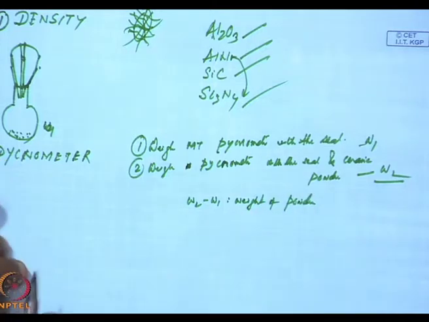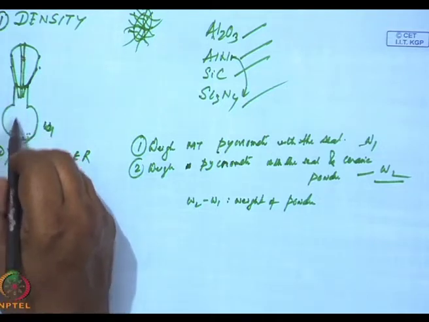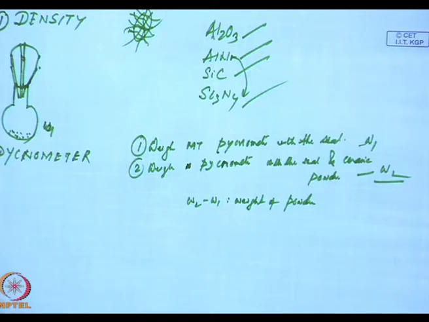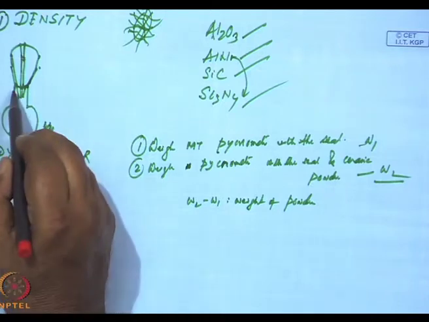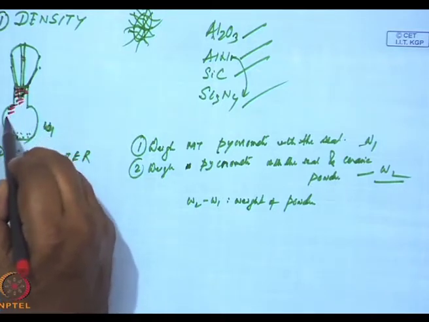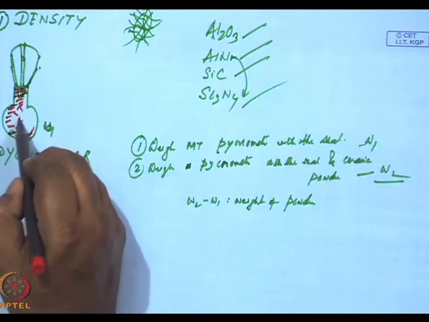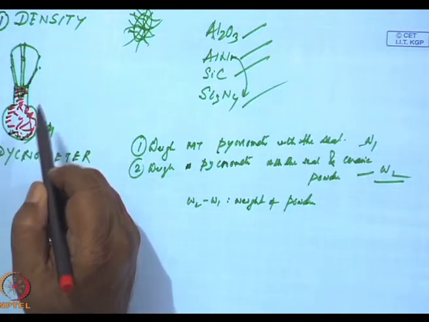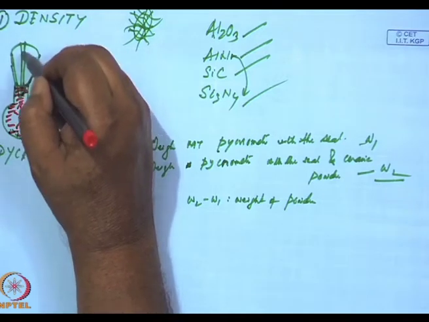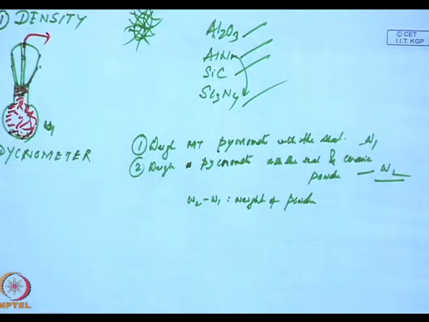I have to determine the density of this powder. Then fill the pycnometer with liquid, and press it down. The extra liquid will go out from the top.